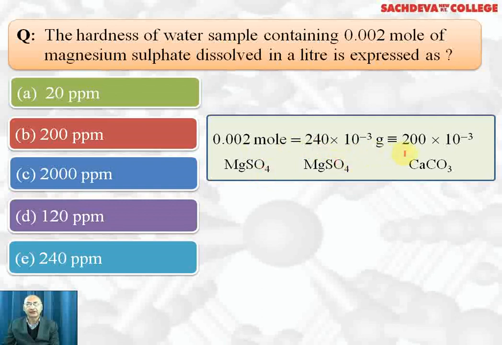The equivalents of calcium carbonate will be 200, because this is 2 moles of MgSO4. So it will be 200 into 10 to the power minus 3. This much calcium carbonate is present in 1 liter and 1 liter means 10 to the power 3 ml. So 10 to the power 6 ml will contain 200. So that will be 200 ppm hardness. So correct answer is B part.